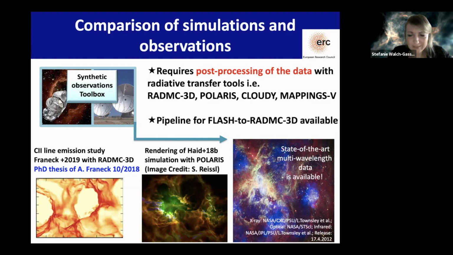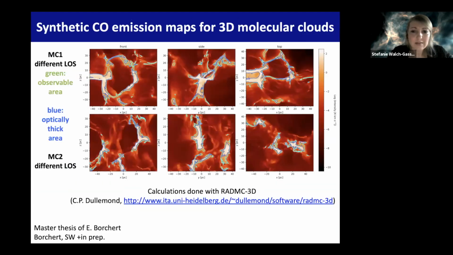This is one paper which we recently submitted with one of my master students, Elisabeth Borchert, and she calculated 12CO(1-0) emission maps for different molecular clouds and different lines of sight, and also for these simulations with different resolution, which I showed you in the beginning.